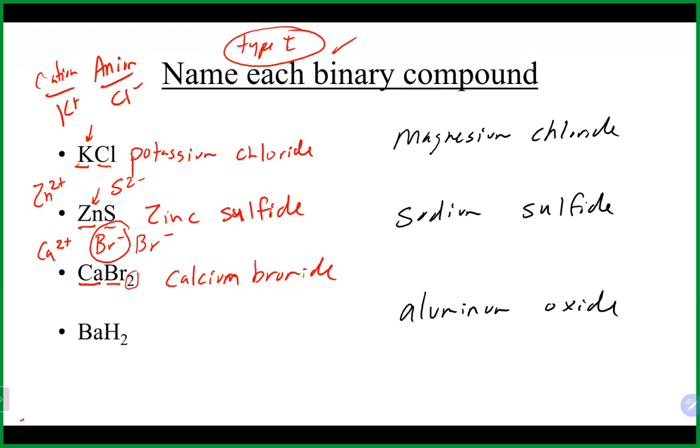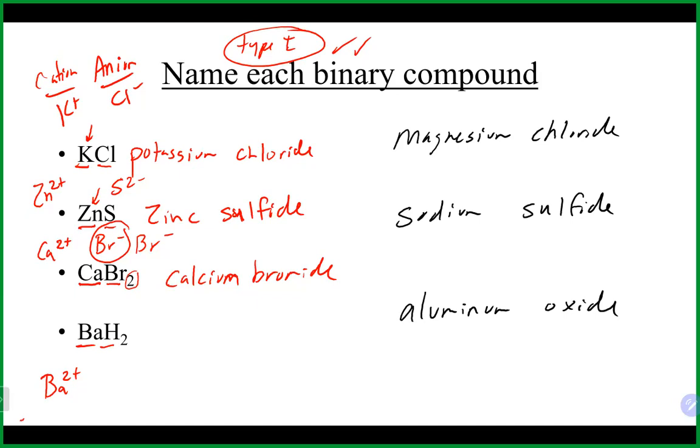Taking a look at the last one there, we got barium, which is a metal, and we got hydrogen. Again, a reminder, hydrogen actually is a non-metal. In this case, barium is group 2, which means it has a fixed positive charge. This is barium that has a +2 charge. This is hydrogen that comes after a metal, and that's pretty much when hydrogen is negative.